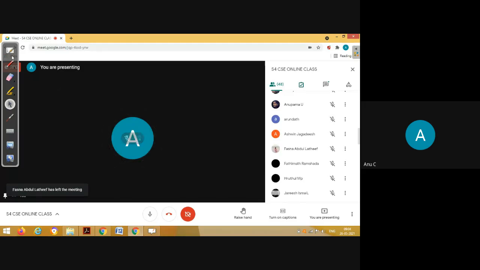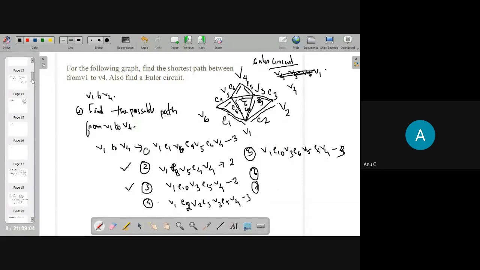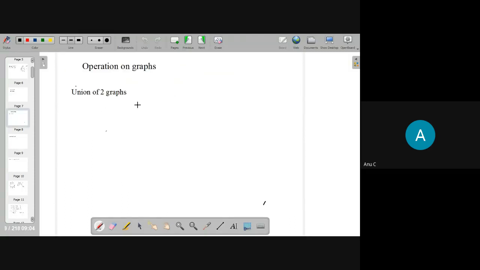Okay. The next topic, operation on graphs. The first operation, union of two graphs. Suppose G1 is a graph with V1 number of vertices and E1 number of edges.